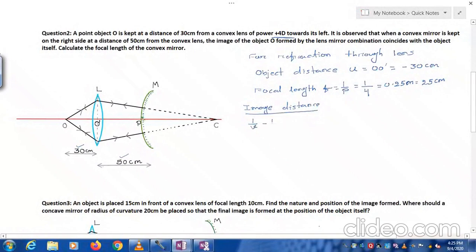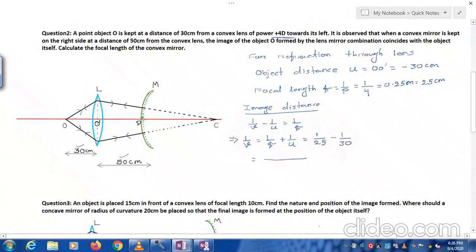So see, from the lens formula we know that 1 by v minus 1 by u is equal to 1 by f. This implies 1 by v is equal to 1 by f plus 1 by u. So this is equal to 1 by 25. So here u is minus 30. So this is equal to 1 divided by minus 30.